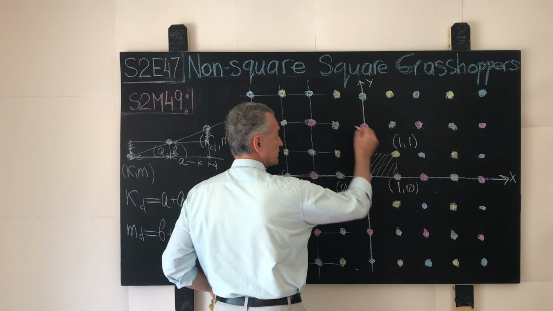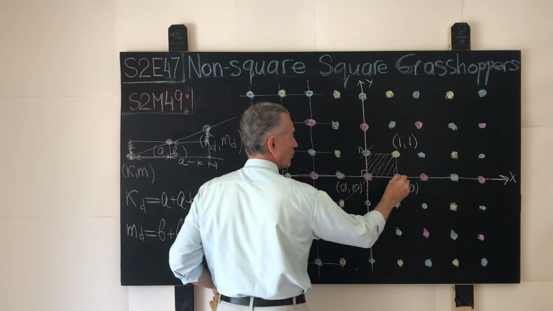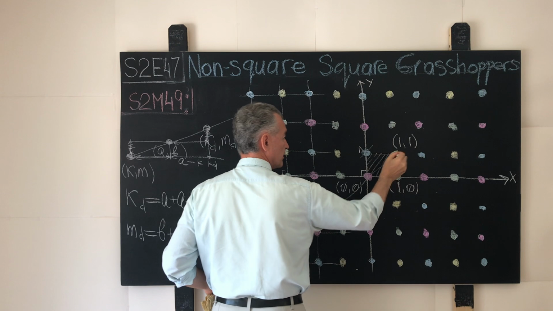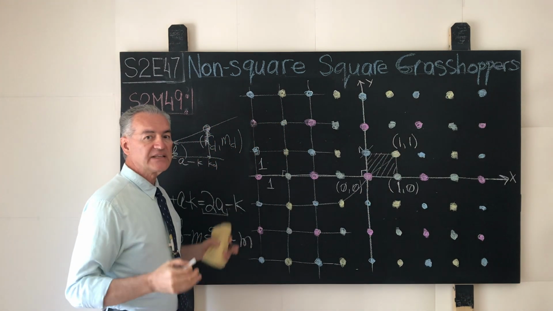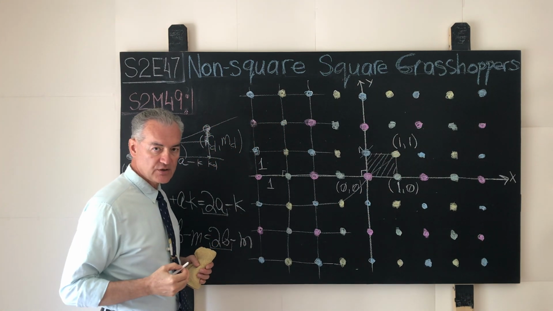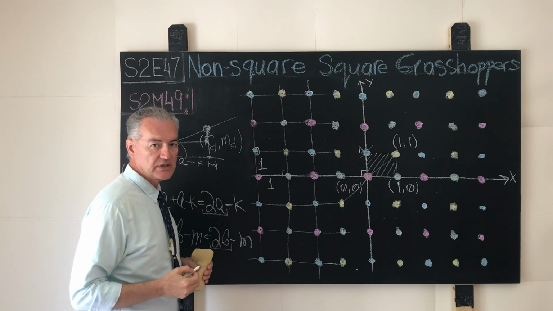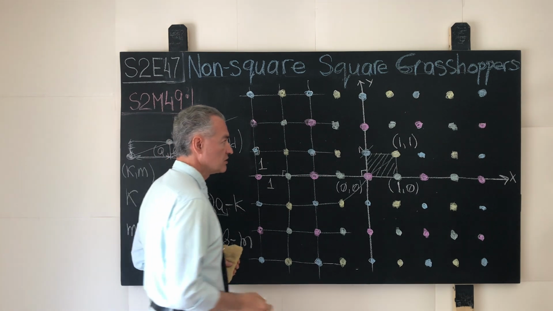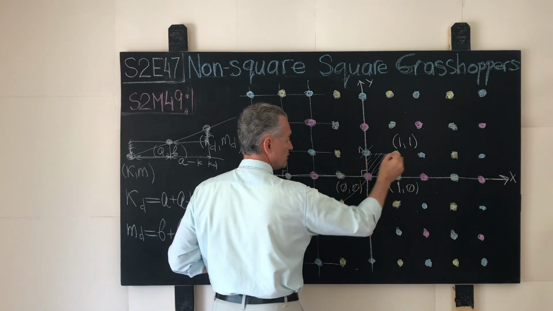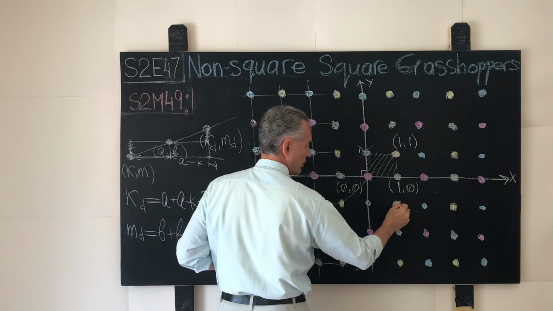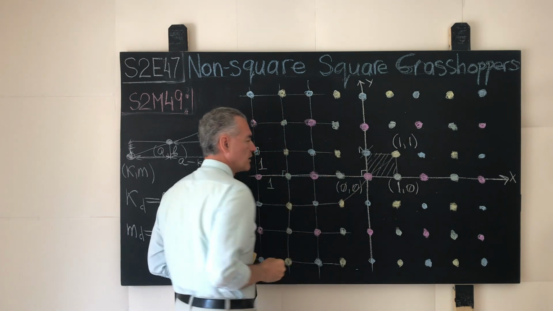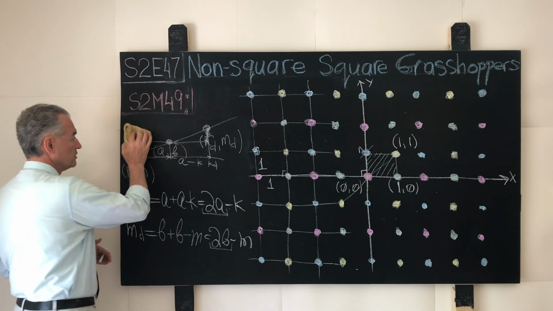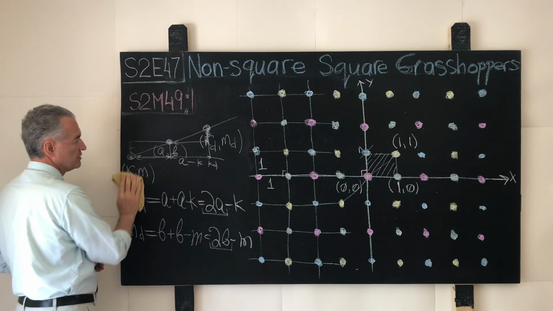So it can jump this way, or that way, and all these points will be green. Likewise, the yellow grasshopper, whatever legal jump it executes, will land only in the yellow colored node of our lattice. For example, this way, or that way, all these points are yellow.